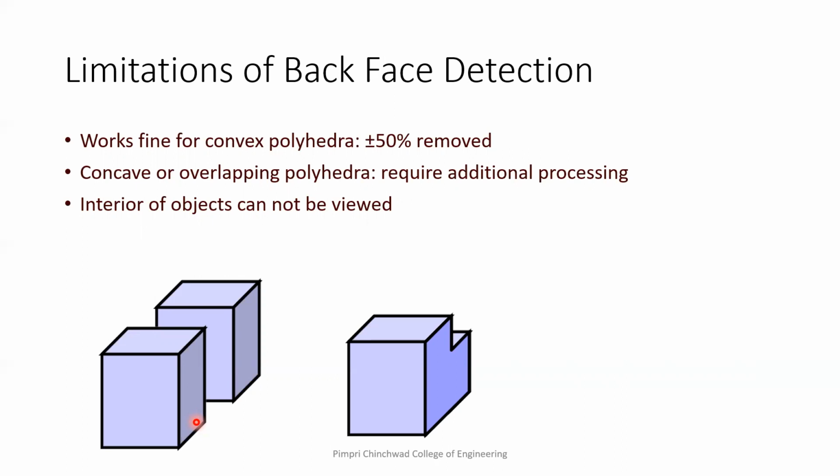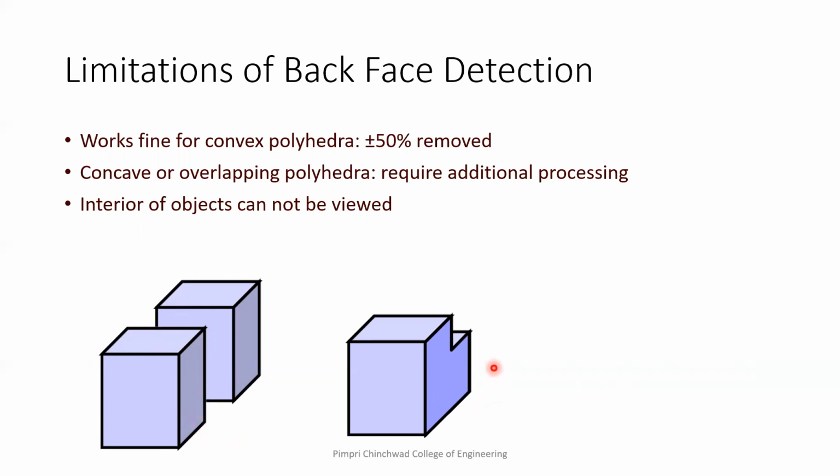Again, I told you that this algorithm works on individual objects. So for this case, this front face is partially obscured by this polyhedra, right? So this algorithm cannot remove this portion. So that is one disadvantage.